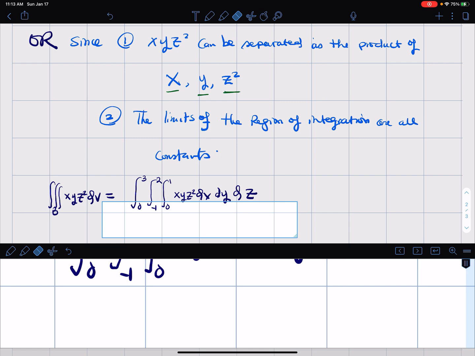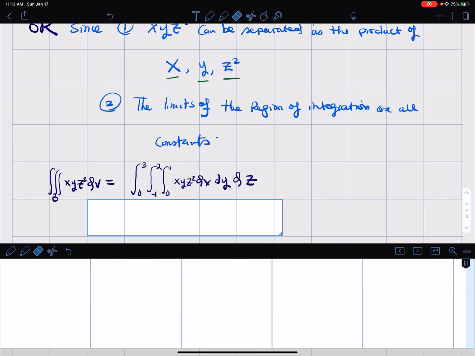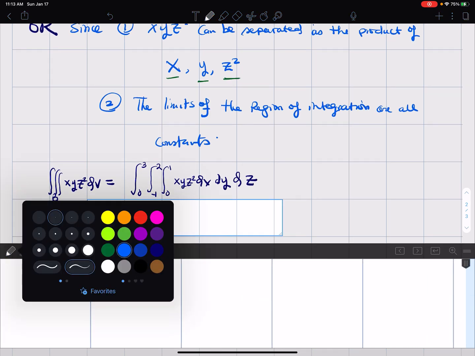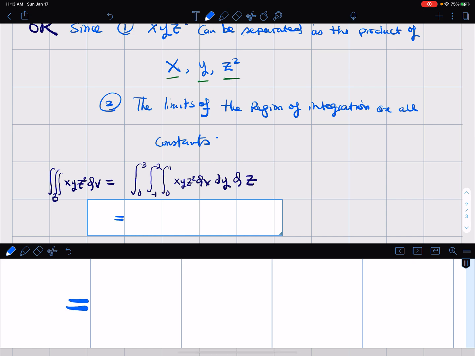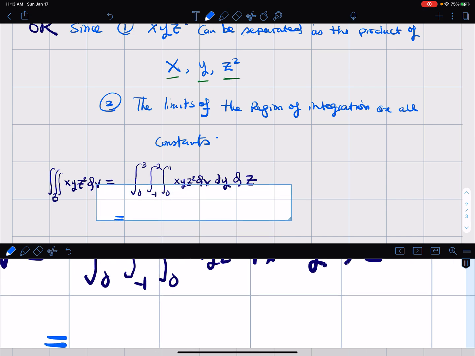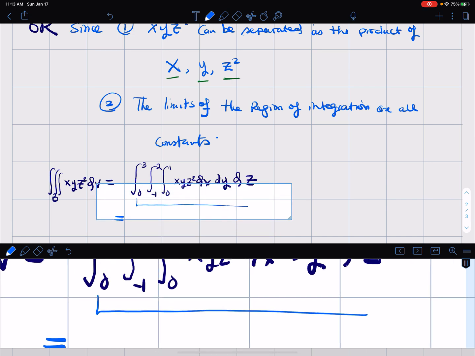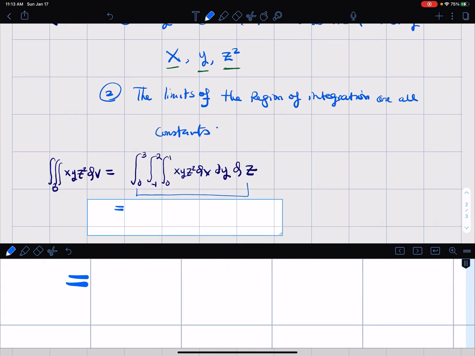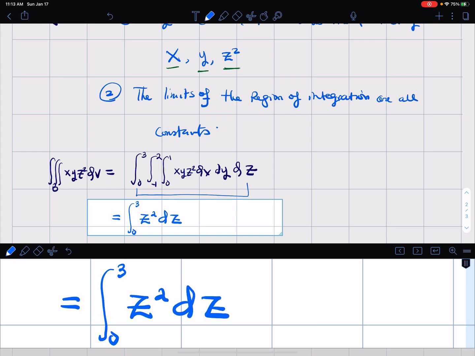But since we have this going for us, instead of doing this, we can actually separate it into three different integrals. Look at the z. The interval for z is 0 to 3. We can go from 0 to 3 and then just the z squared function, dz.